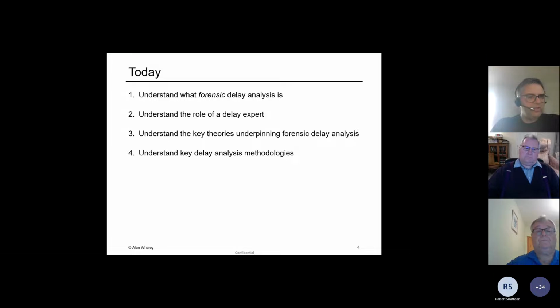And then we'll turn to methodologies, and I'll introduce a couple of methodologies, which represent 2 schools of thinking in delay analysis, one being prospective, the other retrospective, and we'll examine why those methodologies produce different results. So that's the idea.